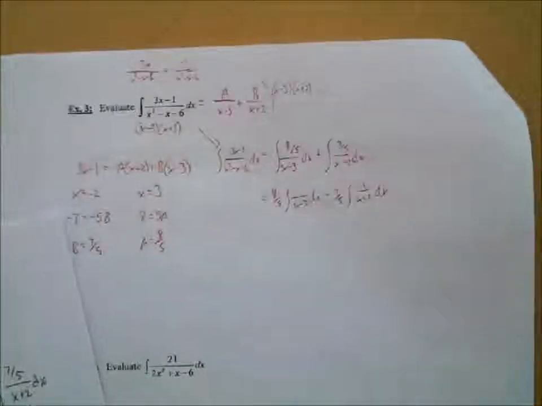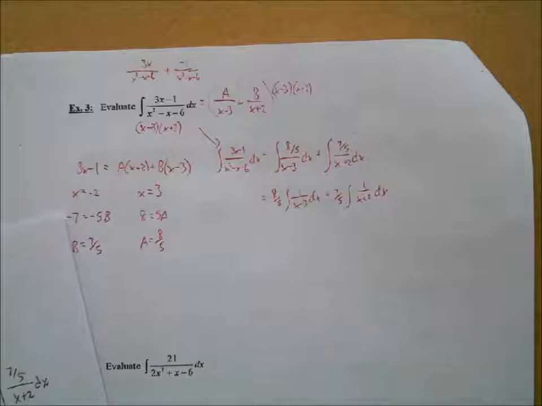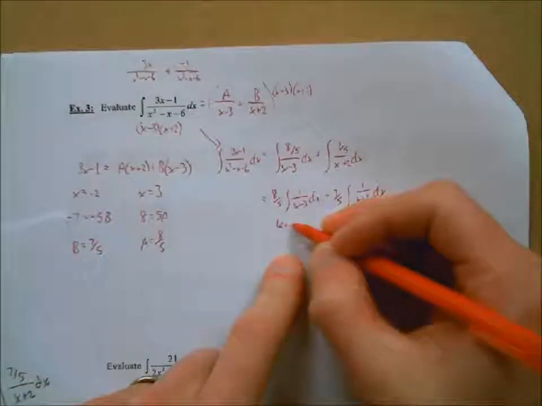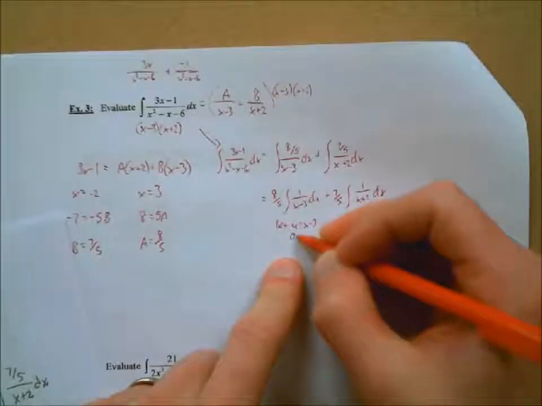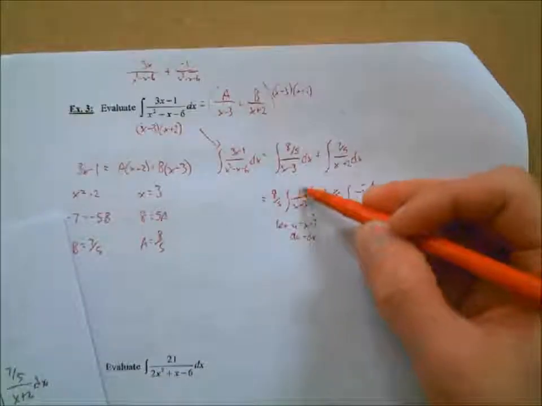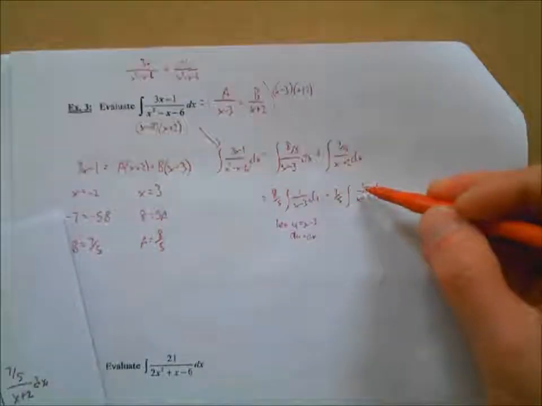Technically here, to integrate now, what strategy do we need to use? A u sub. But it's a very basic u sub. I'm just going to show you for this one, and then you'll get the idea, hopefully. So let u equal x minus 3. Du will just be dx. And so this is essentially integrating 1 over u. And this also will end up essentially being just 1 over u that we're integrating.